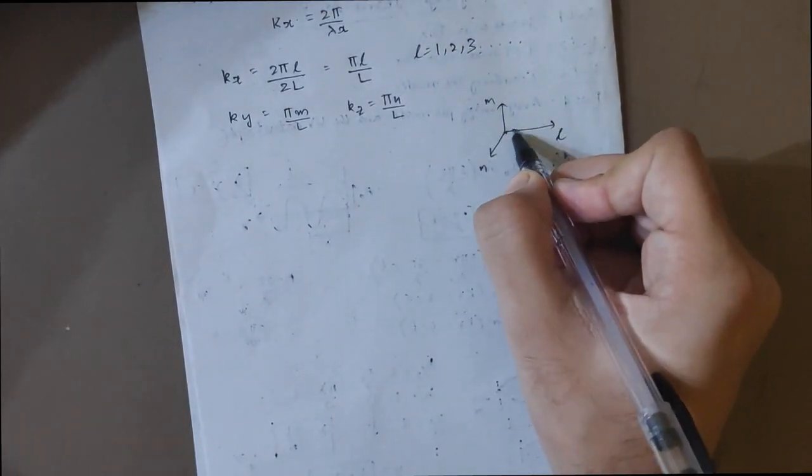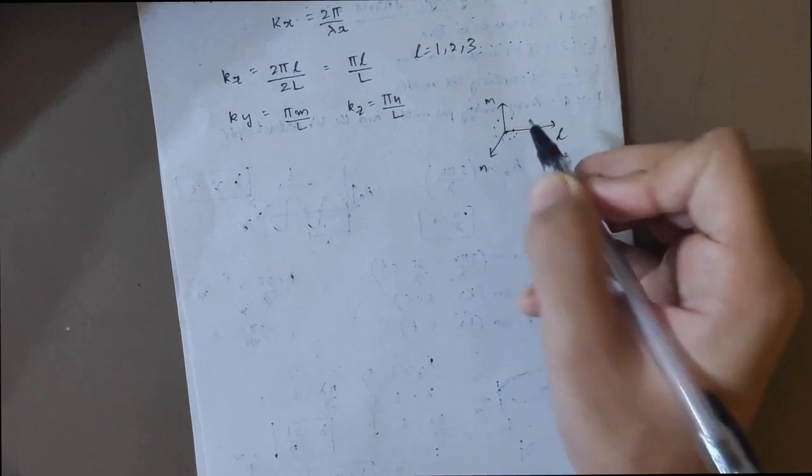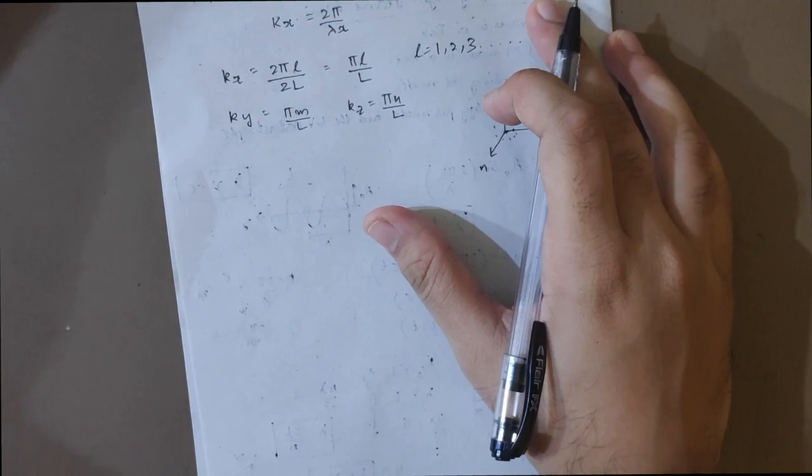I can have l, m and n, a three-dimensional set of points that form a regular cubical array, each of them defined by 3 integers, right? It's like a vector in 3 dimensions.